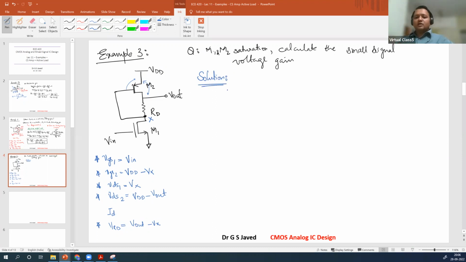Can one of you tell me what is the method to follow, or how do we begin the solution here? Okay. Nobody is there. Apply KVL here. Apply Kirchhoff voltage law at the mesh. It is not a loop.